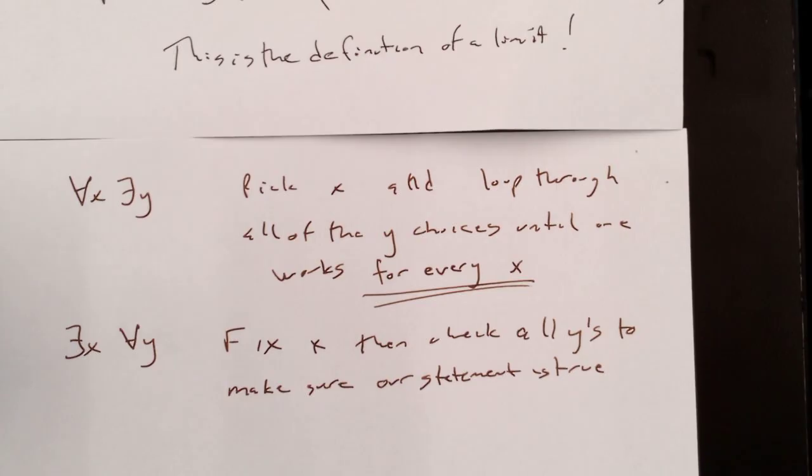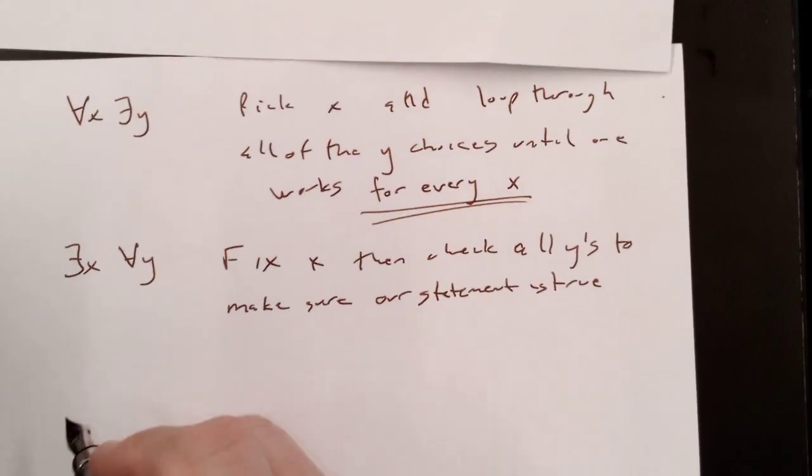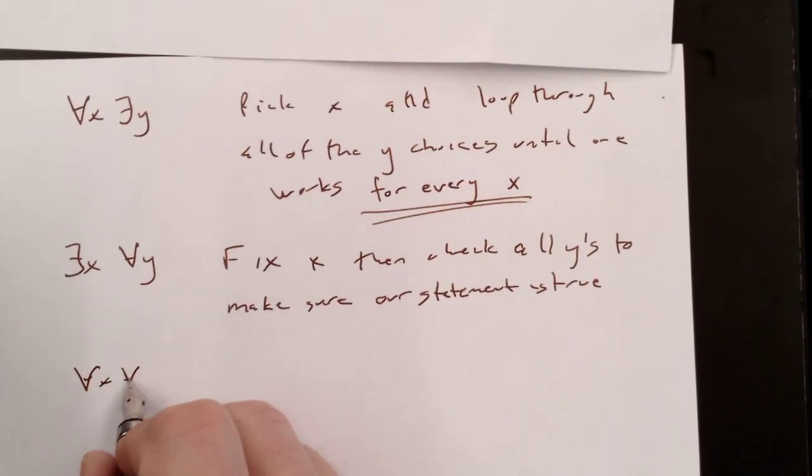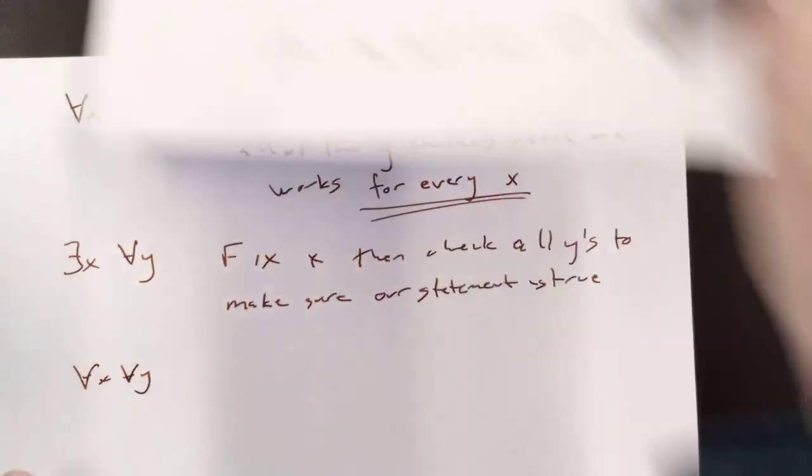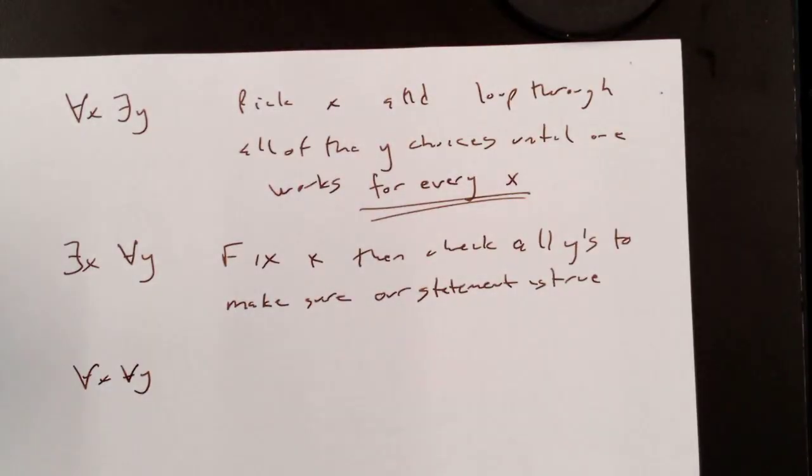What about a double universal? What's that looping going to look like?